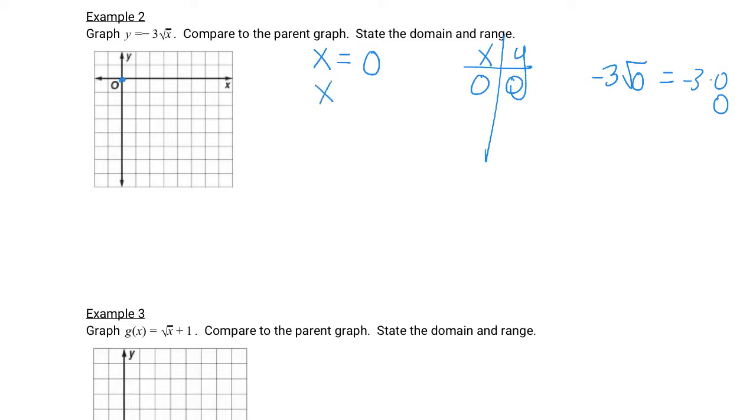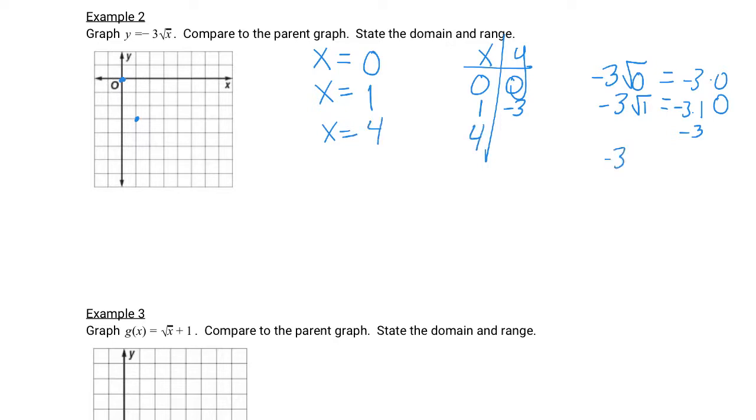Now I set my x equal to the next perfect square, which is 1, and that's the next number on my table. Plug in 1 for x, I get -3 times the square root of 1. That's -3 times 1, which is -3. So when x is 1, y is -3. Next value, I set x equal to the next perfect square, which is 4.